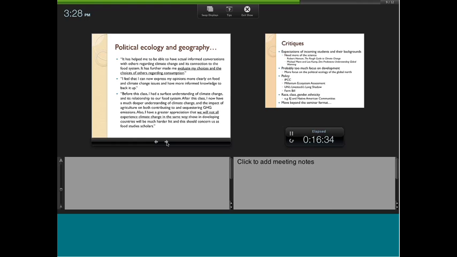Really what we're talking about is that it's not just location or region or what have you, but there's politics, economics, and social issues that also play into thinking about impacts from climate change. So just reflecting on these, I felt like something very productive came out of that, and again, something that was also very important to me as a political ecologist and geographer.